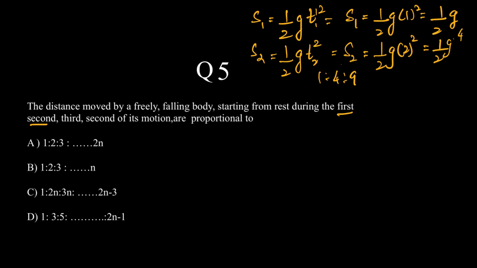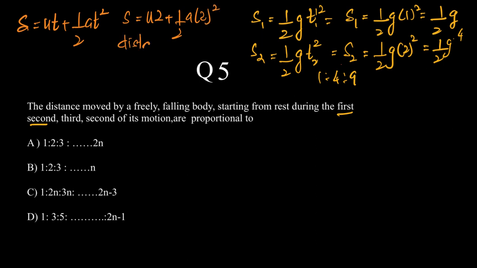Now, why is this wrong? I'll tell you the point. When you say S is equal to UT plus half AT square, and when you put 2 here, what you're trying to find out is the distance traveled when the time of observing the motion was 2 seconds.